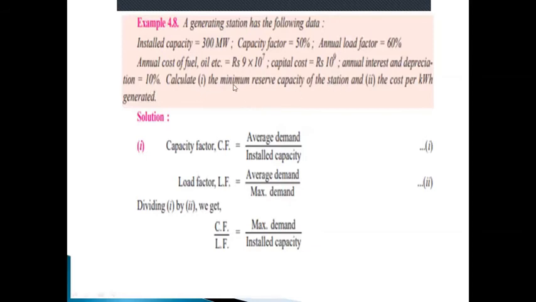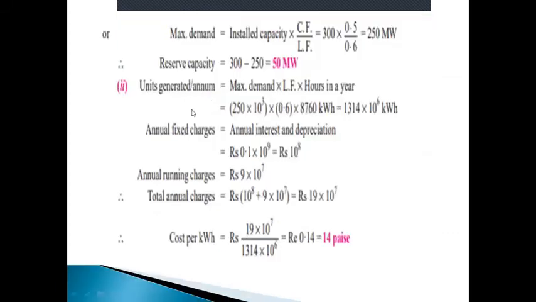You have to calculate the reserve capacity of the station. Next, to calculate cost per kilowatt hour generated, like how you have solved in the earlier problems, here we have to estimate the total annual charges, which will be the sum of the fixed charges and running charges. We'll calculate the fixed charges from the data.